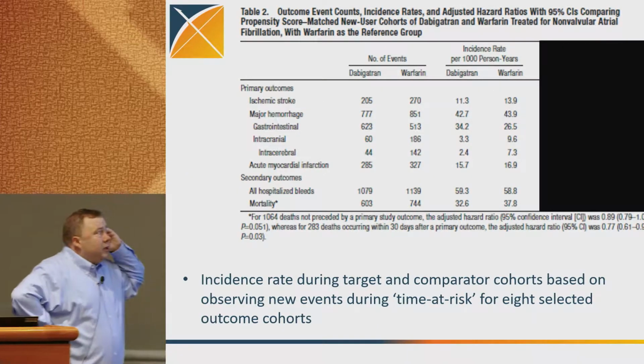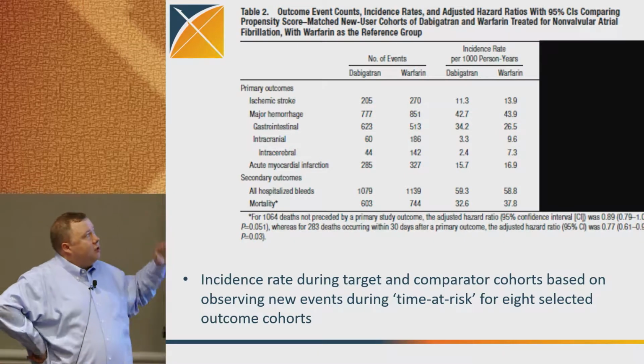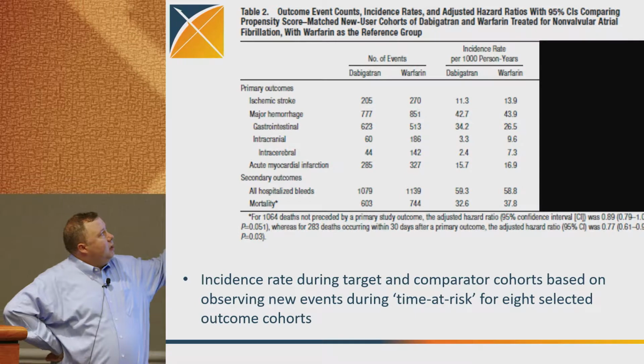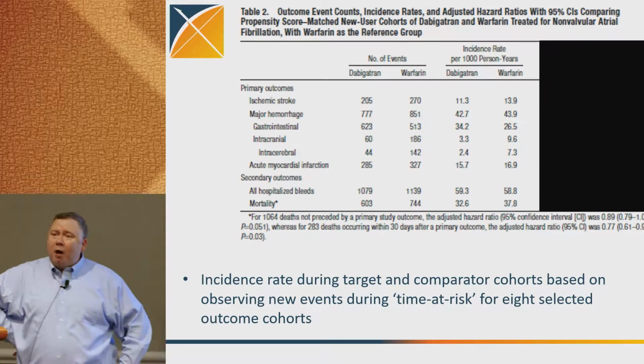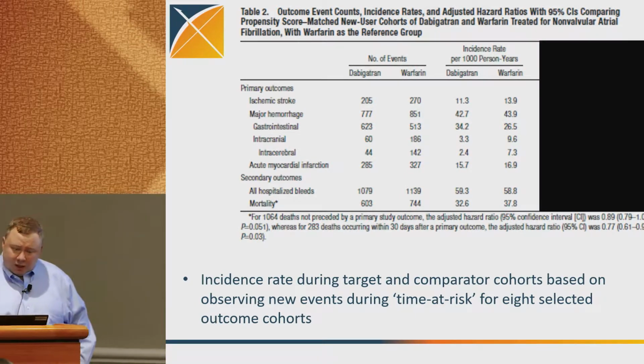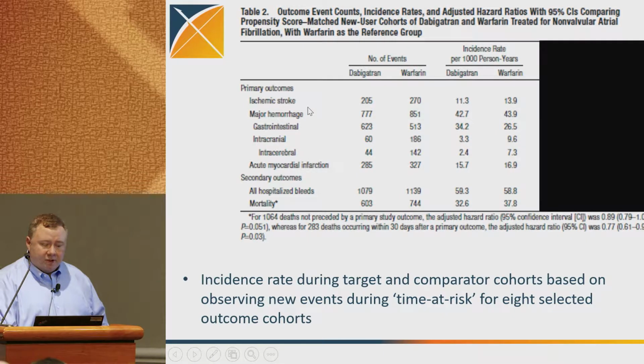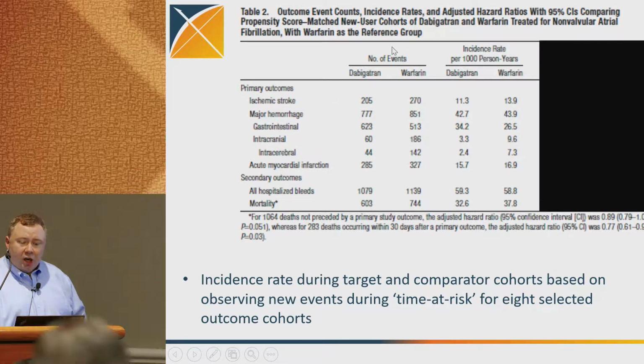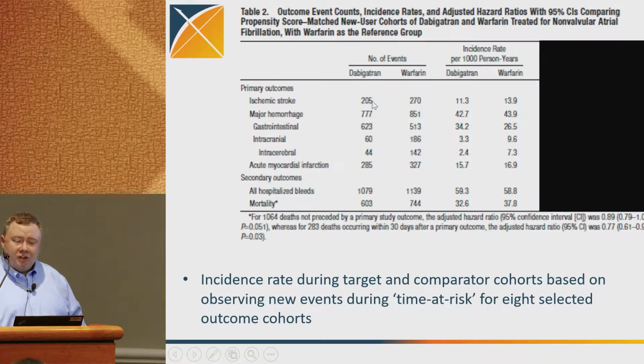Now, table 2 in the Graham paper actually takes those same two cohorts and it examines the incidence of outcomes that occurred. So specifically, it looks at these primary outcomes of ischemic stroke, major hemorrhage, acute myocardial infarction. And what you could see in their table 2 is that they provide the number of events that occur.